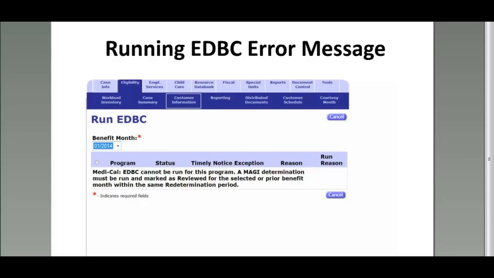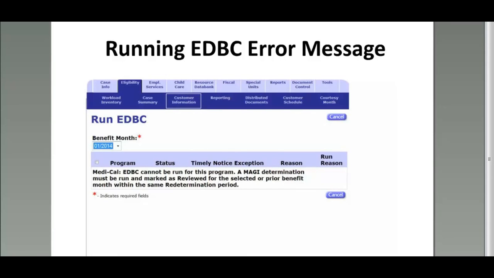You'll also notice the message indicates that the results must be marked as reviewed. Results must be reviewed after a response has been received from CalHEERS before you run the normal EDBC process. And on the next slide, we'll be talking about that in more detail.